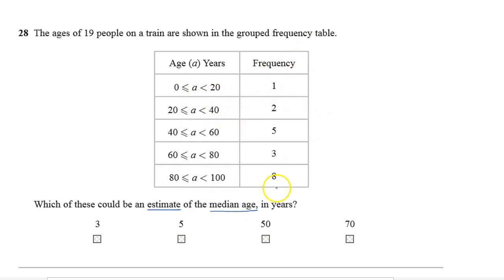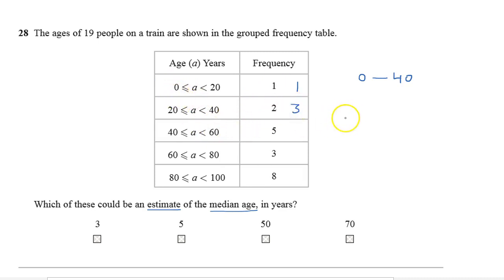These are the frequencies. There is only one person between age 0 to 20. So 0 to 20, only one person. How many persons are there from 0 to 40? 0 to 40, not 20 to 40. 20 to 40 we have 2. 0 to 40 we have 3.